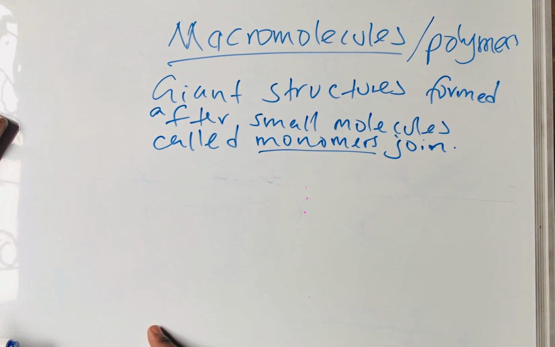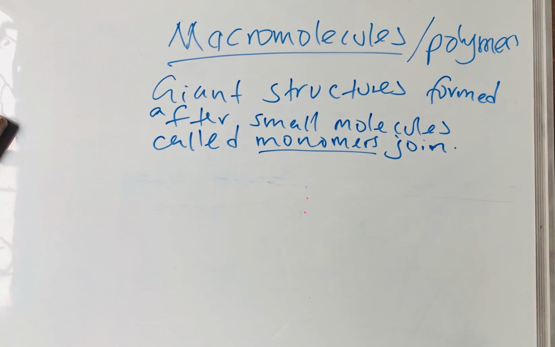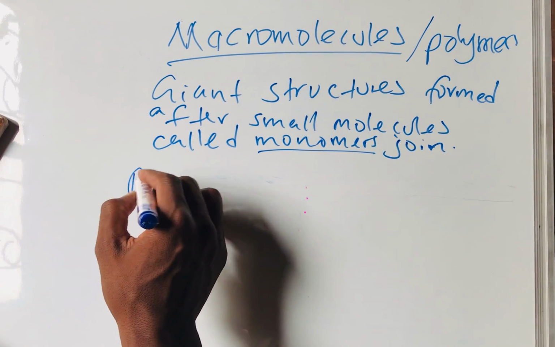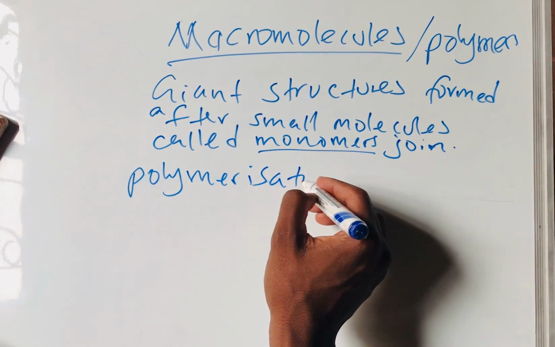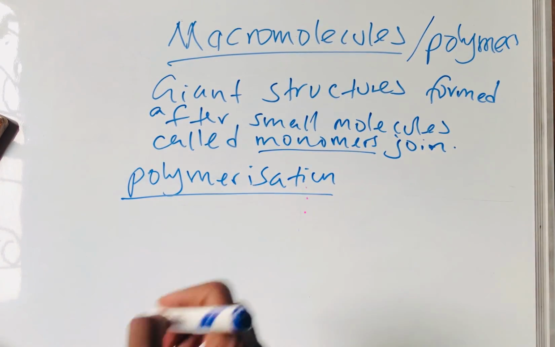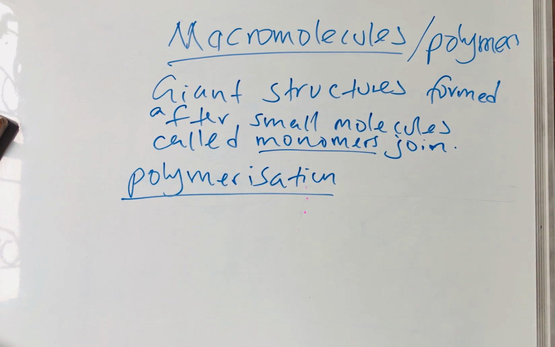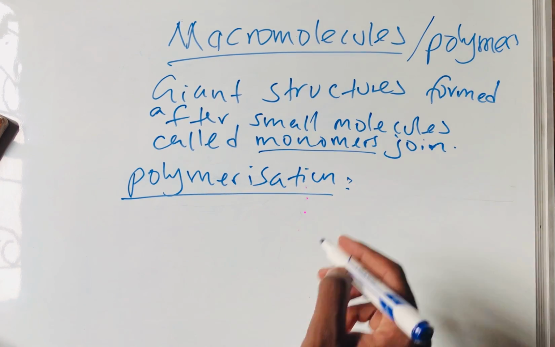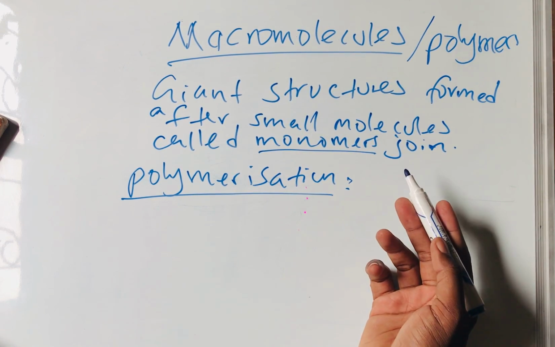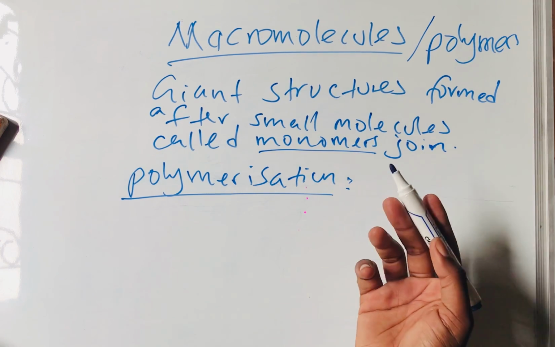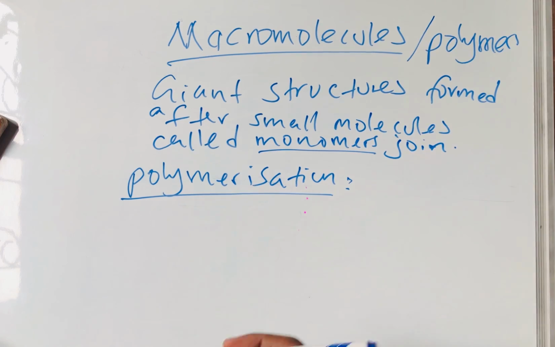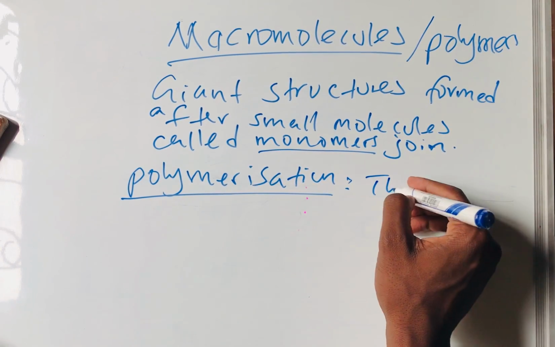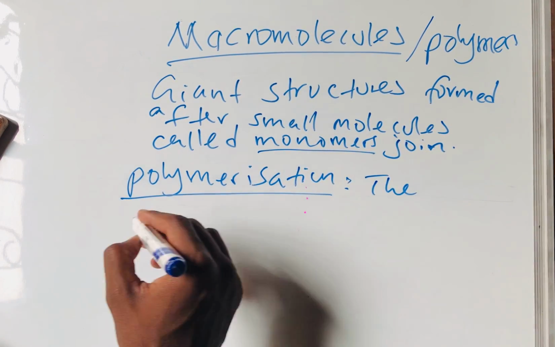One thing you should know is that these macromolecules are formed by a process known as polymerization. So what is polymerization? Polymerization is the joining of small units called monomers to form macromolecules or polymers.